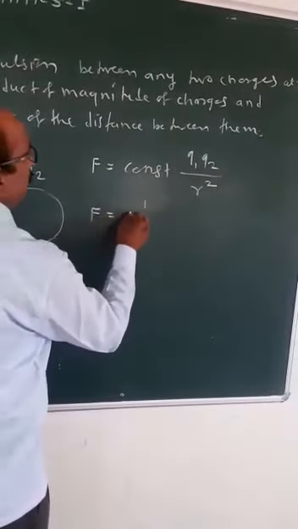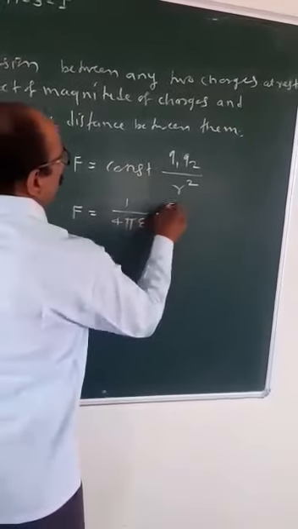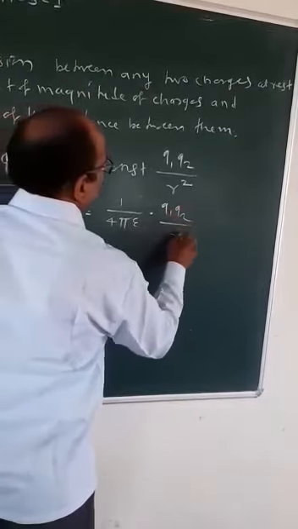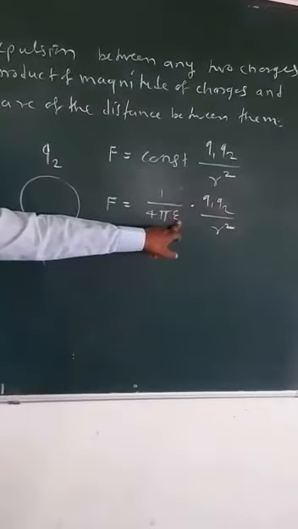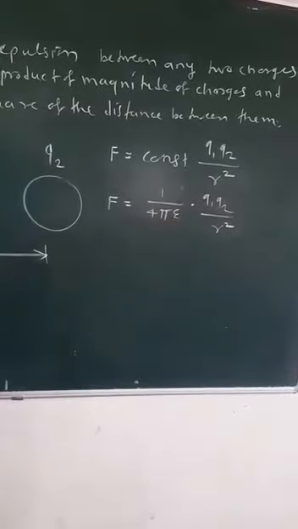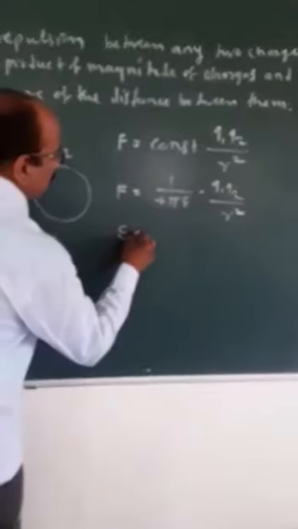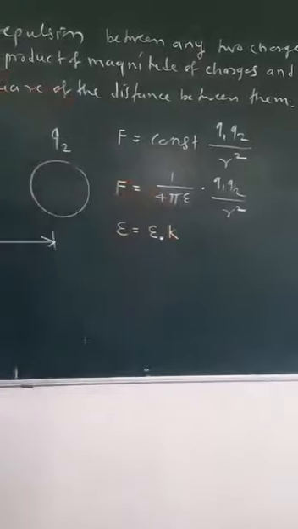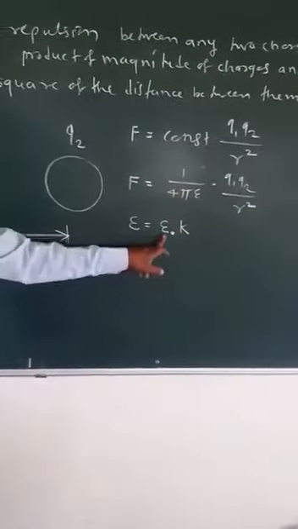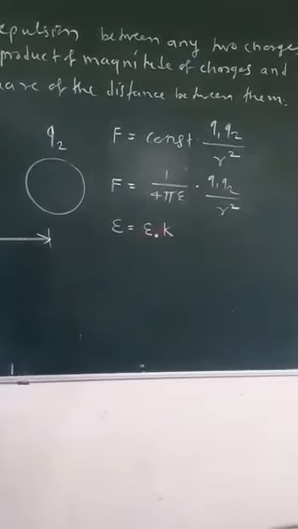In this case, this constant is given by 1 upon 4 pi epsilon, Q1 Q2 divided by r square, where epsilon is the permittivity of the medium in which these two charges are placed, and it is given by epsilon is equal to epsilon naught into k, where epsilon naught is the permittivity of free space and k is the dielectric constant of the medium.